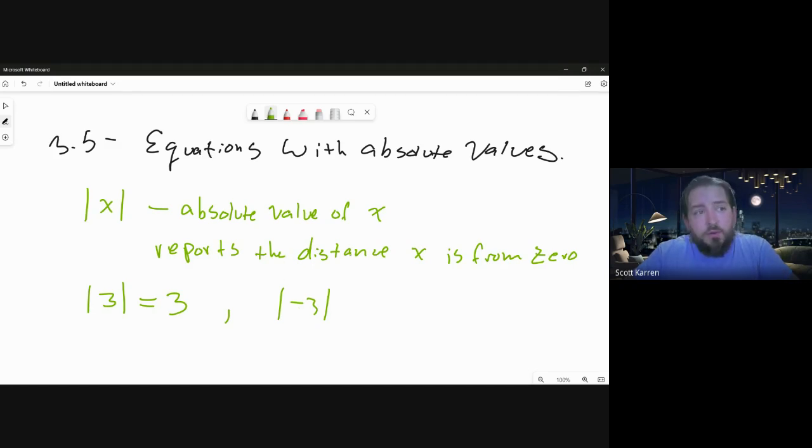It always gives you the positive value, or 0, because the absolute value of 0 is 0. You'll never get a negative out of an absolute value.